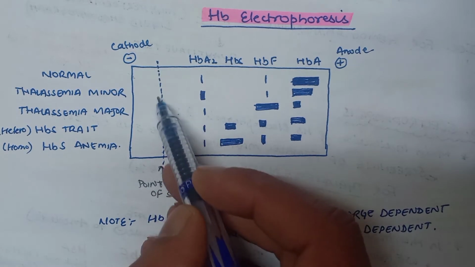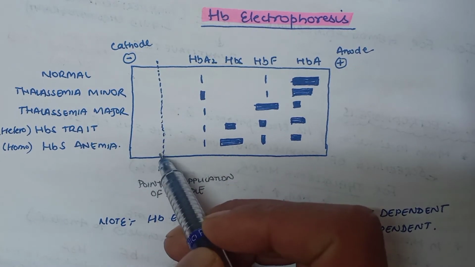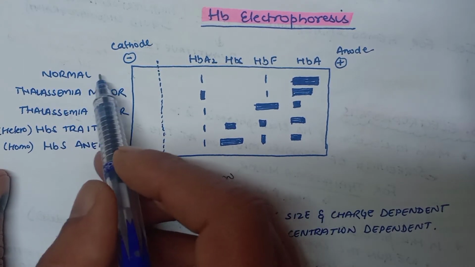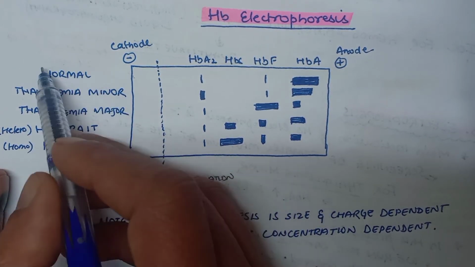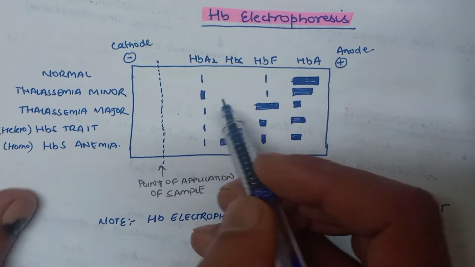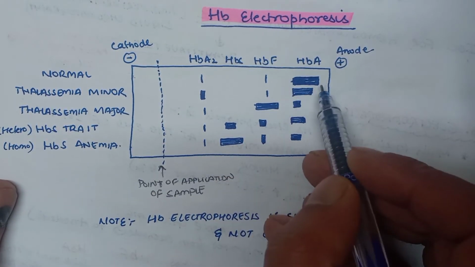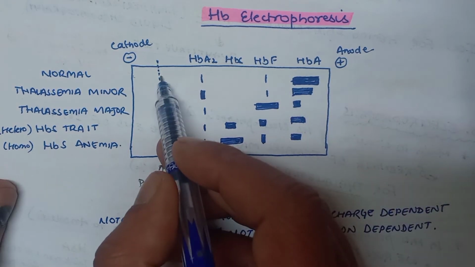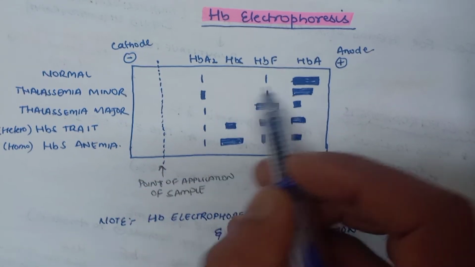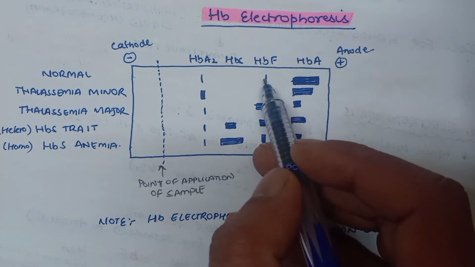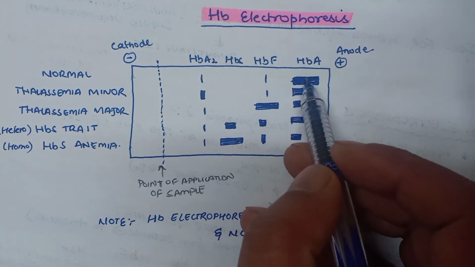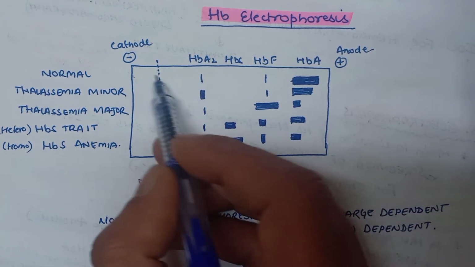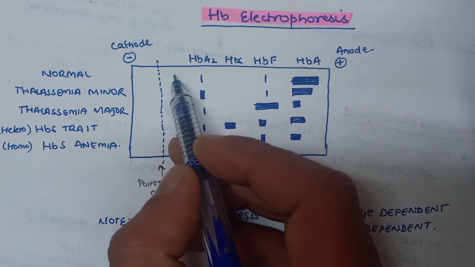Normally in hemoglobin electrophoresis, a normal sample is always run, and normally there is a thick band of HbA far away from the point of origin, whereas HbF is normal and close to HbA, and HbA2 is closest to the point of application.